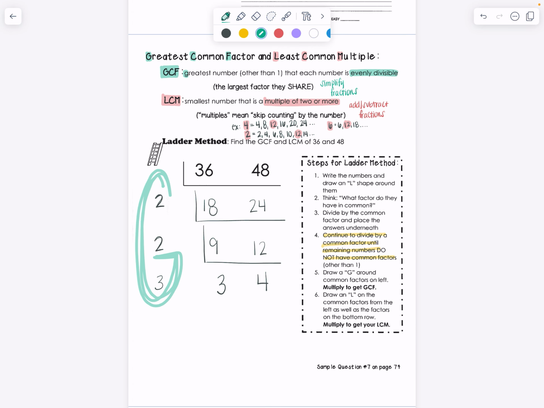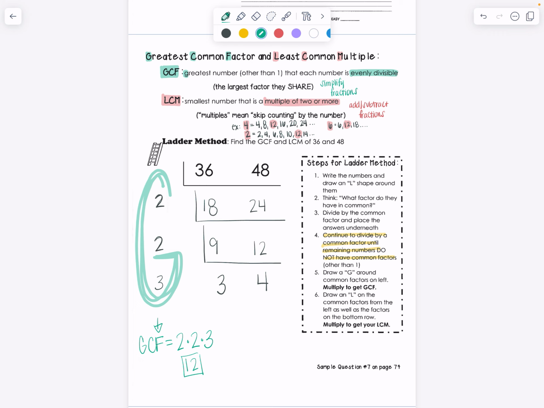For these two, the GCF is 2 times 2 times 3. 2 times 2 is 4, and 4 times 3 gives me 12. So the greatest common factor between 36 and 48 is 12.